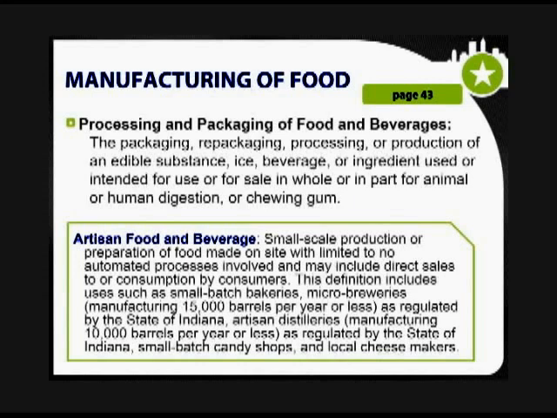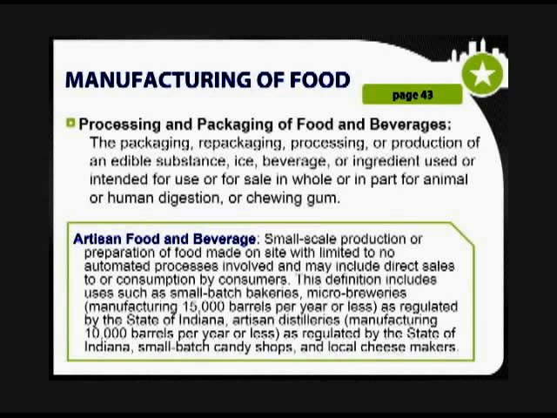And then when you get to the artisan food and beverage, like your breweries, your craft distilleries, your bakeries, your boutique chocolatiers or cheesemakers and all that, it's smaller scale, but they still produce a lot, but it's very limited in scope and size, and usually it's not heavily automated.